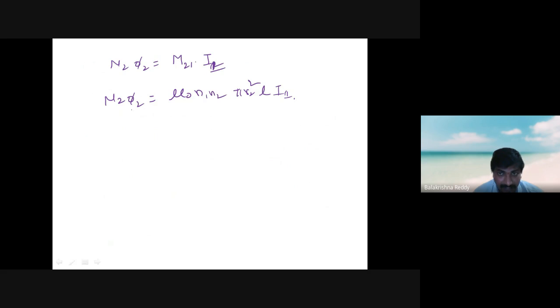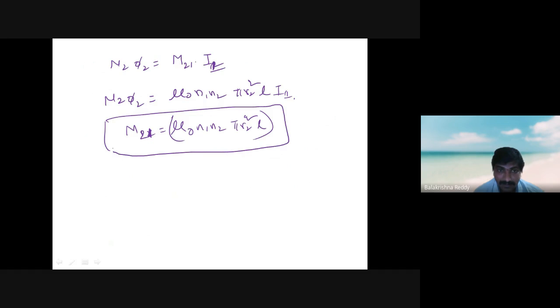Therefore, finally, what I'll get here is M12, sorry, M21 equal to the same value, mu naught N1 N2 pi R2 square over L. Why? Because the mutual inductance of coil 1 and coil 2 are the same, because their area as well as number of turns and unit length are also the same.